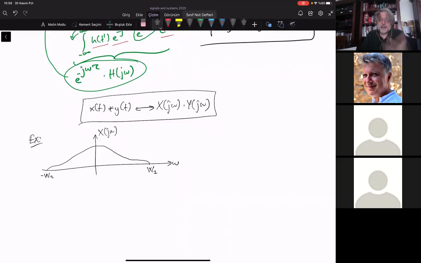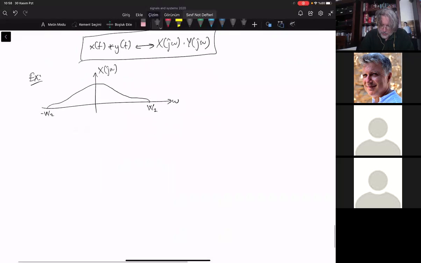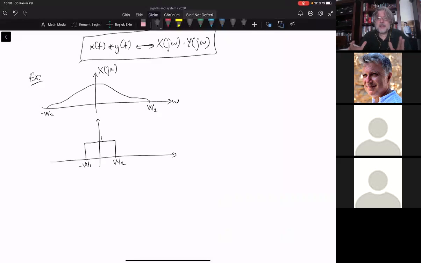And it passes through a system whose frequency response is a low pass filter, like this, from minus W1 to W1. So it limits the frequency range. This is H of j omega. So if x of t goes into this system, h of t, what is y of t?